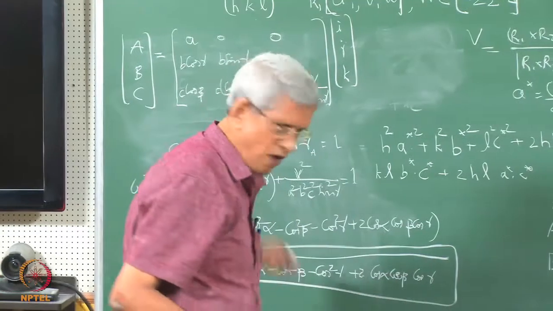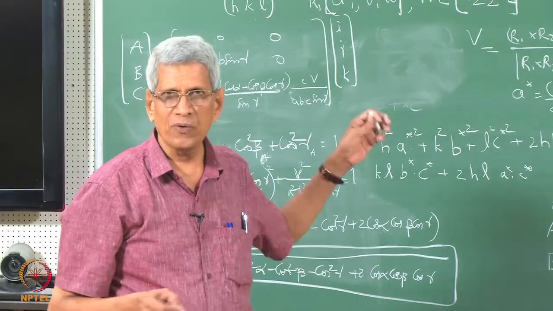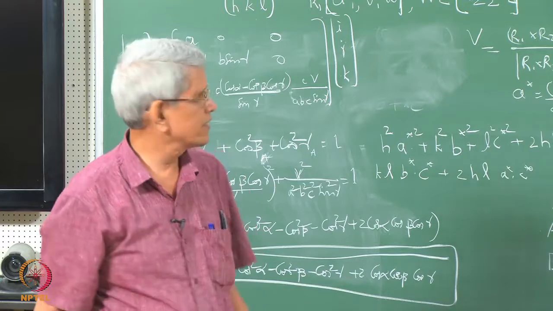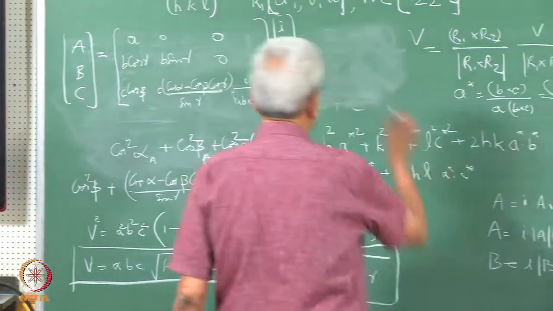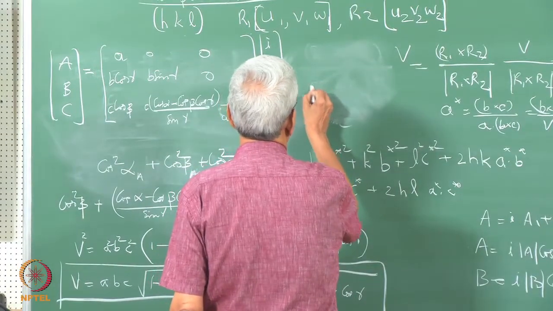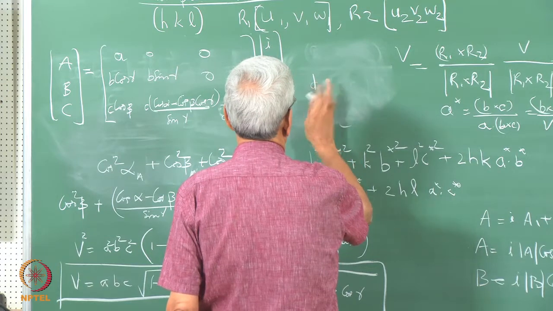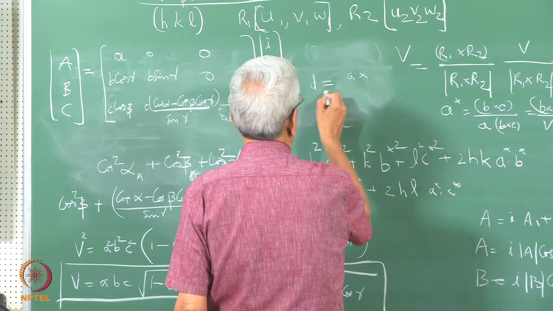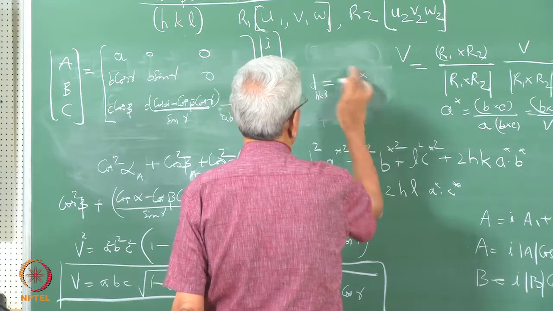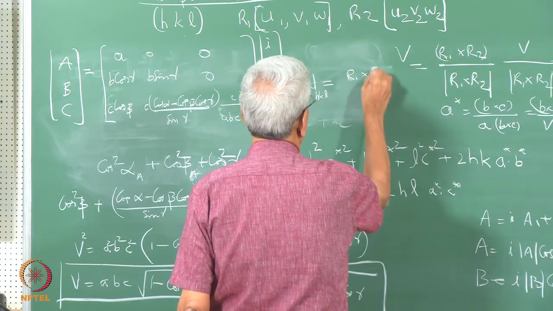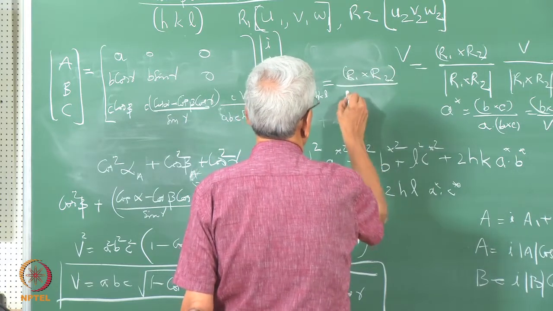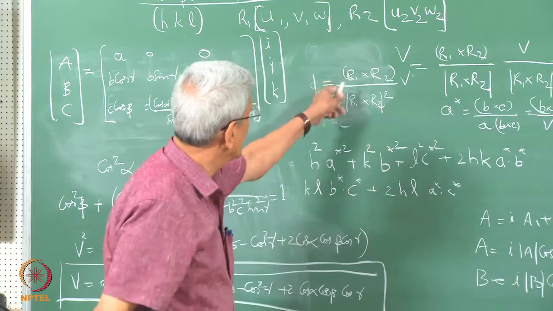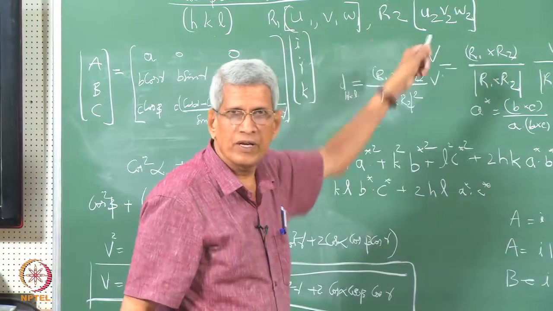This is the general formula. Once we have this formula, it becomes very easy to find out, if we are using real lattice vectors like the way we have written here, that d_hkl will be equal to, if two vectors R1 cross R2 are lying in this plane, R1 cross R2 divided by the modulus of R1 cross R2, into V, and R1 and R2 are defined in terms of abc.